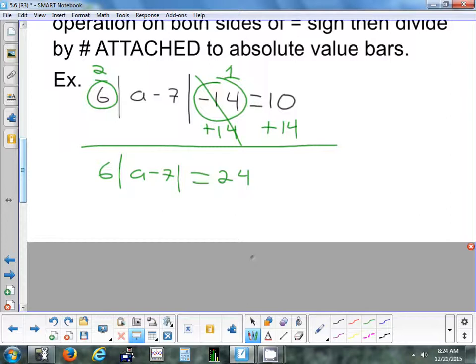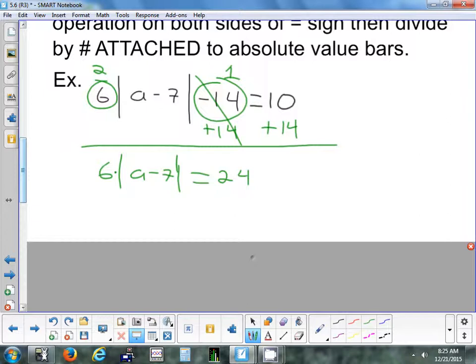Now I look at it and I say, is the absolute value expression alone yet? Nope. There's still one more thing I need to move to the other side. Someone tell me, how would I move that 6? Yeah, we're going to divide it. Remember, if you have a number right up next to something, that means multiply.